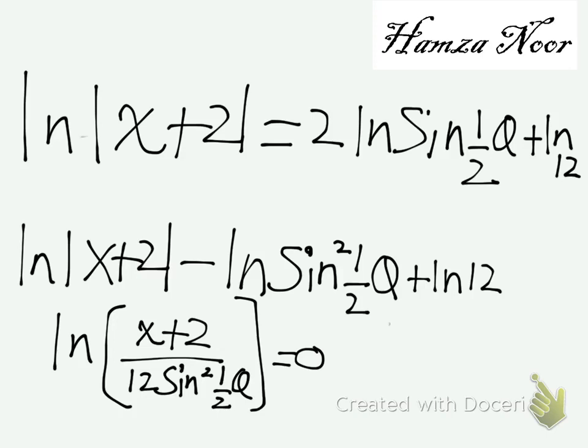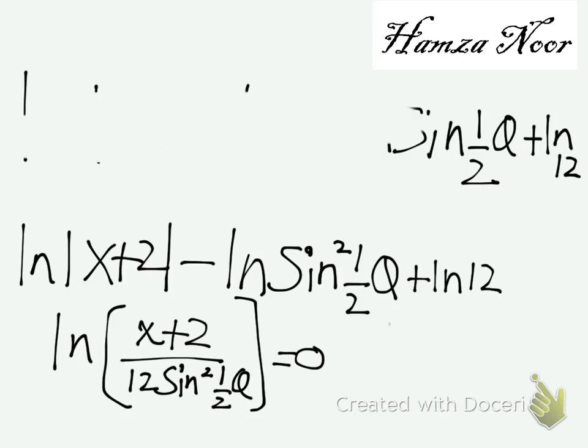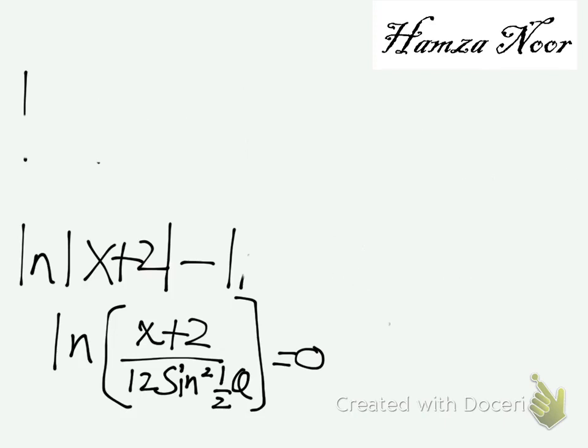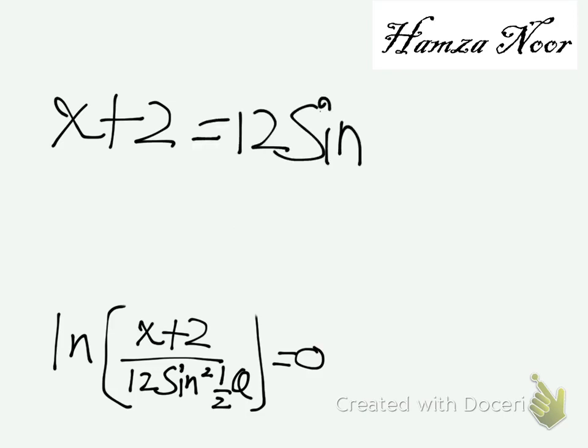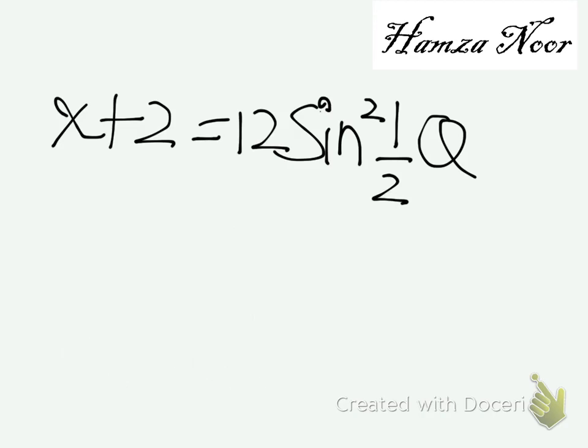So hence you will write x + 2 is exactly equal to 12 sine squared (1/2 theta). Now here's the challenging part. In P3 trigonometry, we know the identity of cos 2 theta. Why am I using cos 2 theta?